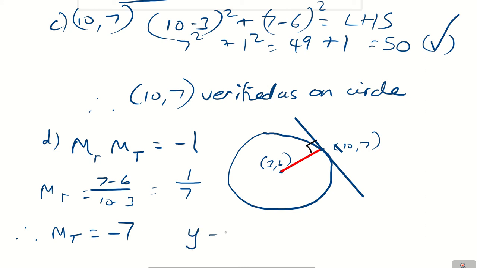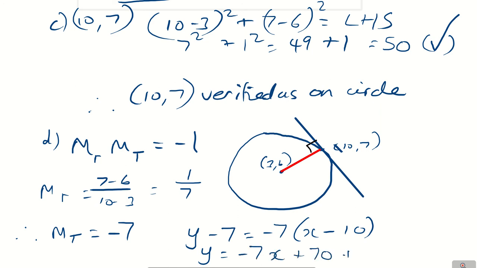So we have y minus 7 equals minus 7 lots of x minus 10. So if I get it in the form y equals mx plus c, we have y equals minus 7x plus 70 plus 7. In other words, minus 7x plus 77. And that's the equation of the tangent at that point 10, 7.